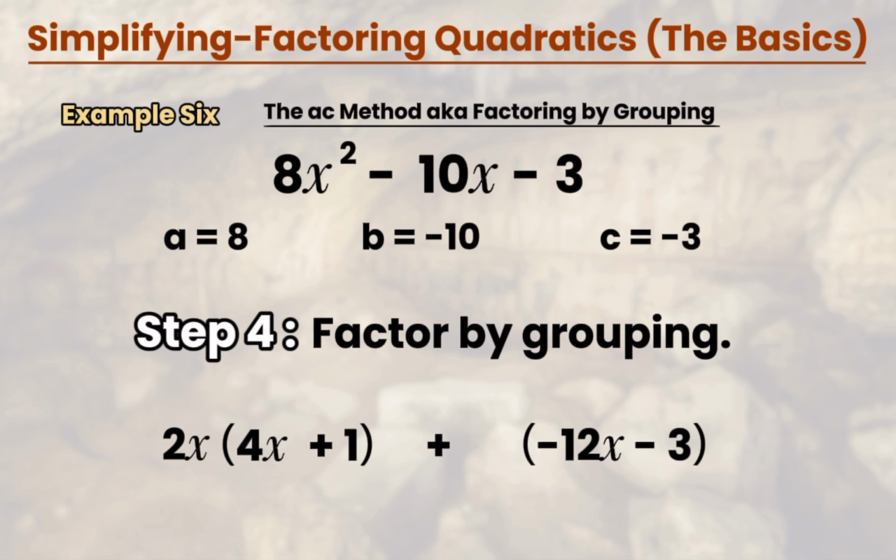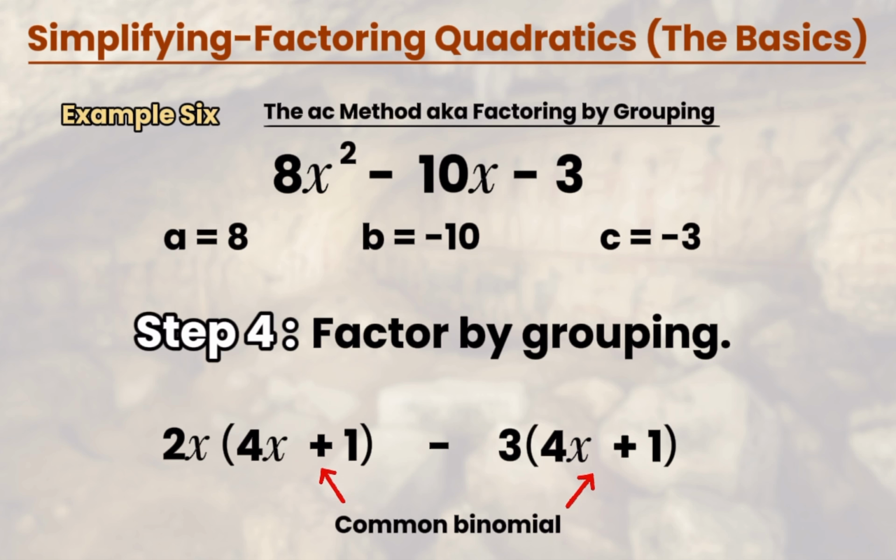Now do the same thing for the minus 12x minus 3. Factor out its greatest common factor, which is minus 3. This results in 4x plus 1. Here you can see that both groups have a common binomial, which is 4x plus 1.